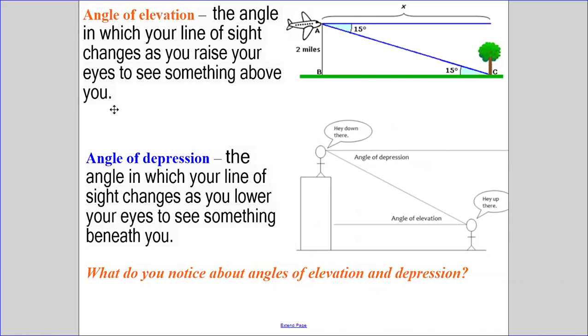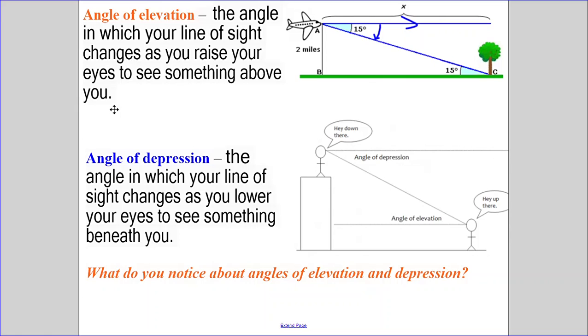Basically, it means that from a certain reference point, you're looking down or looking up. It's the angle in which your line of sight changes as you raise your eyes to see something above you or below you. If you're a passenger plane moving straight forward, you might look down toward the ground to see a tree, and it measures the angle that's here.